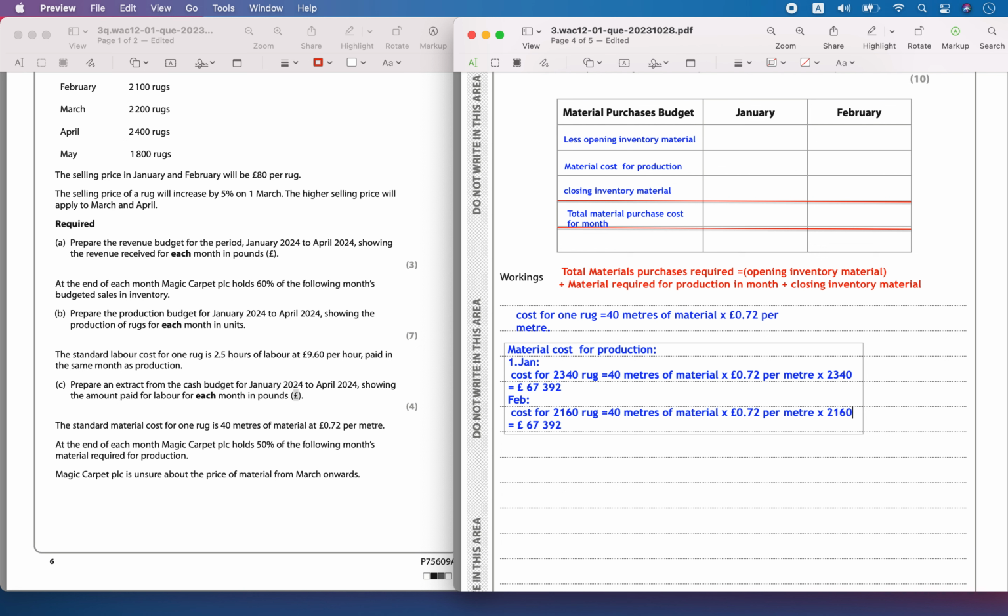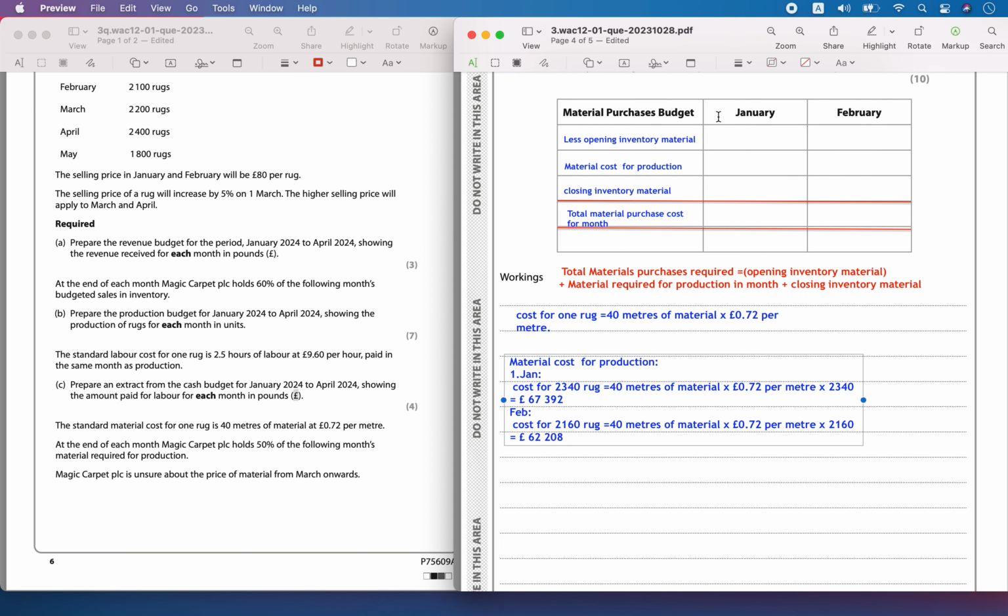So the material cost is going to be equal to 40 times 0.72 times 2160. That is going to be equal to 62,208. So 62,208. This one we can write first.